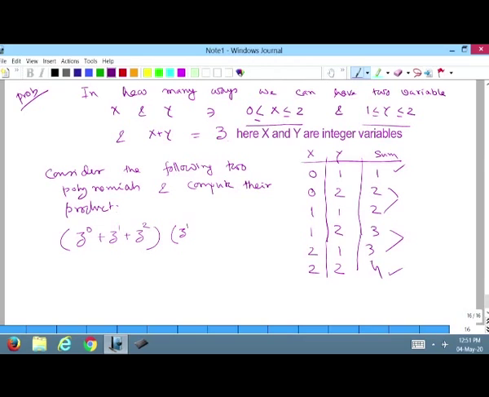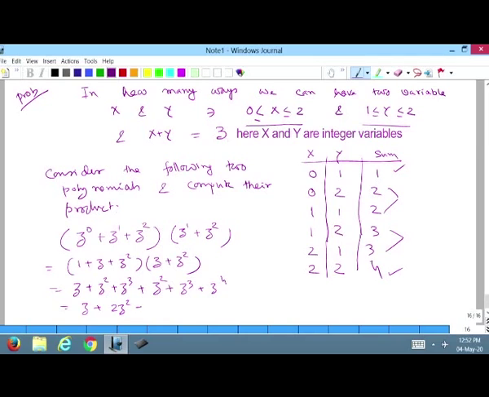Therefore, we write z to the power 1 plus z to the power 2. So we have 1 plus z plus z square multiplied by z plus z square, and if we compute the product, we get z plus z square plus z cube plus z square plus z cube plus z to the power 4, which is equal to z plus 2z square plus 2z cube plus z to the power 4.